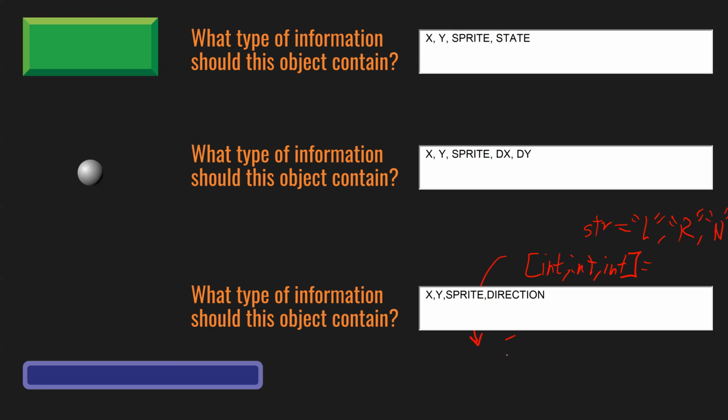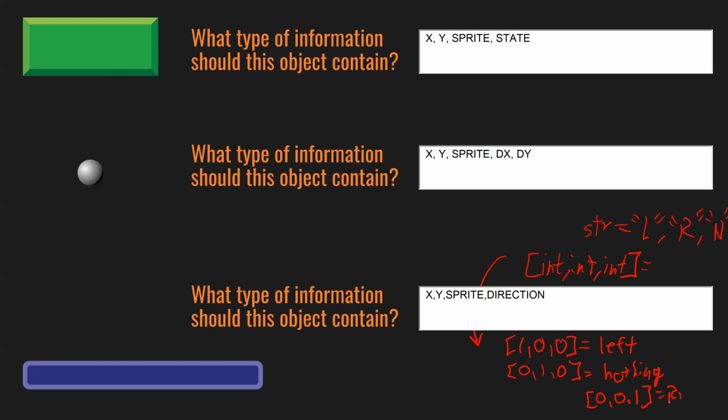If you have 1, 0, 0, this is equal to left. I am going left. If I have 0, 1, 0, this is equal to nothing. Do nothing, stay there. And finally, if I have 0, 0, 1, well, you can guess it, this is equal to right.